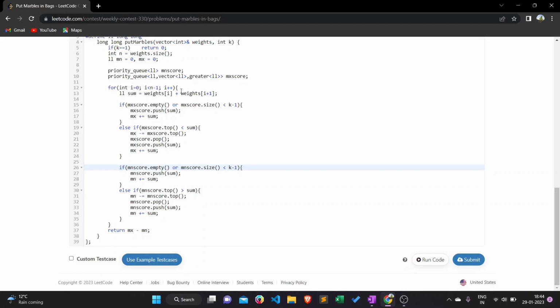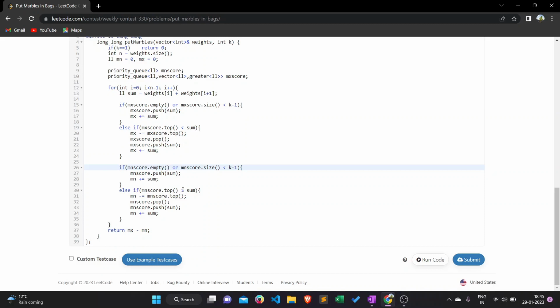We are maintaining a max heap, so the top will have the maximum element, right? We check if there are fewer than k minus 1 elements in the heap, and if so we simply push and update the minimum sum. Else, if there are k minus 1 elements, we compare the top, which will be the maximum element in the max heap.